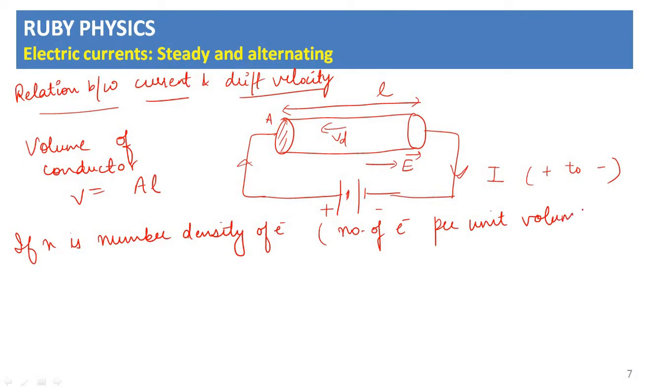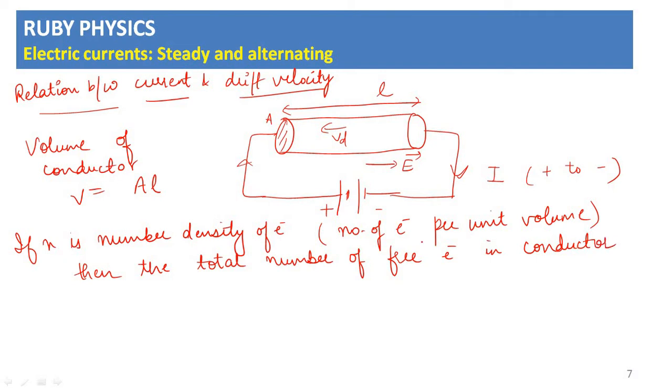So the total number of free electrons in the conductor will be ALn.